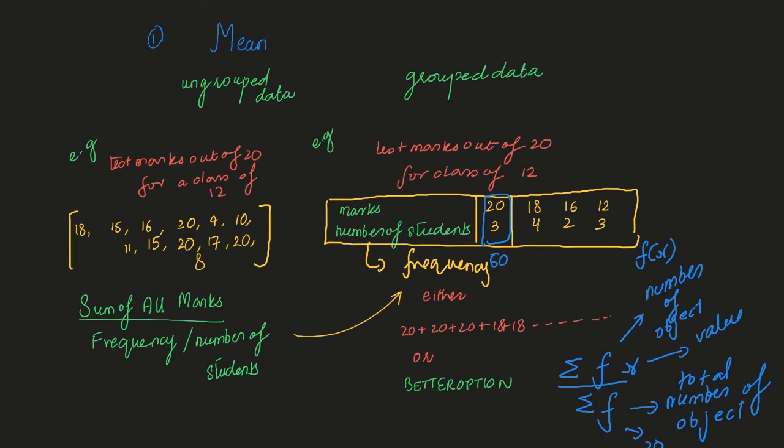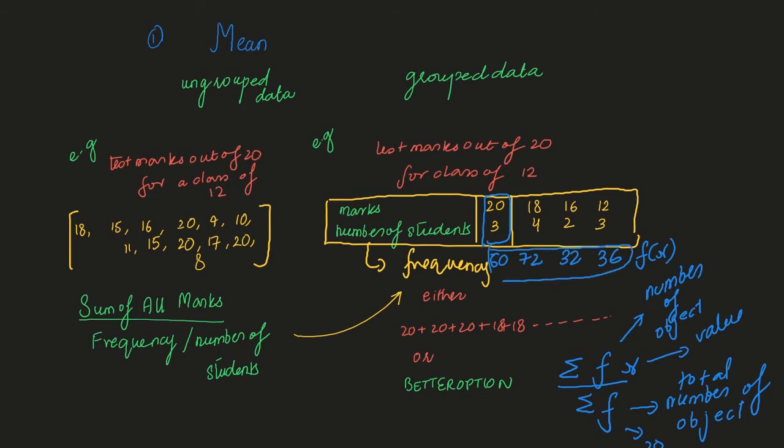The fx for this one will be 18 times 4. Here, 18 is essentially the x and 4 is the f because it is the number of students that have that certain mark. So here you have 72, here you will have 32, and here you will have 12 times 3, which is 36. The summation of fx will be the sum of all of these.